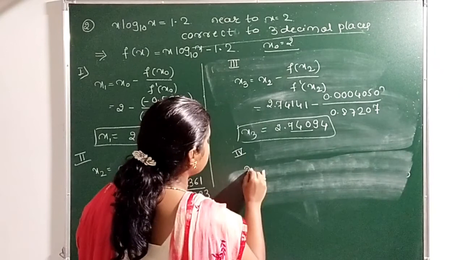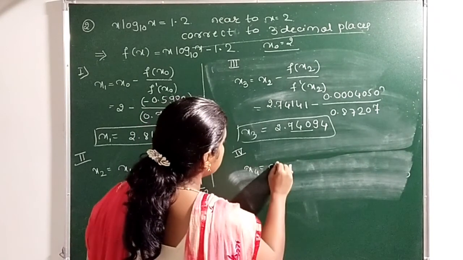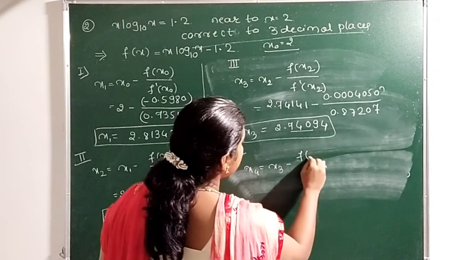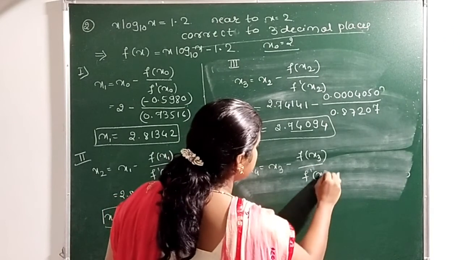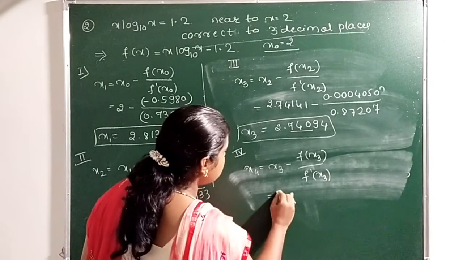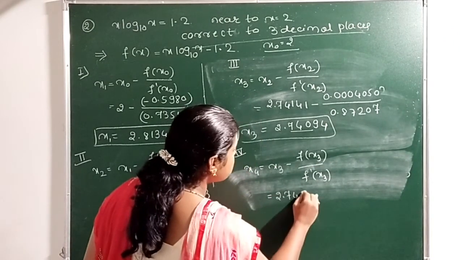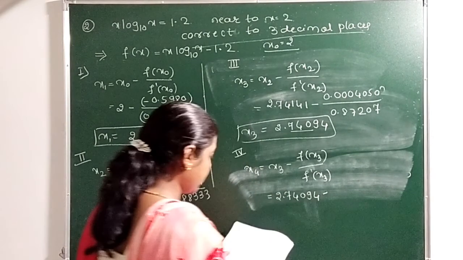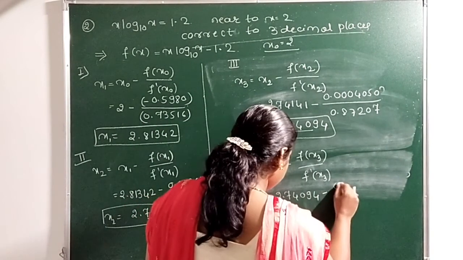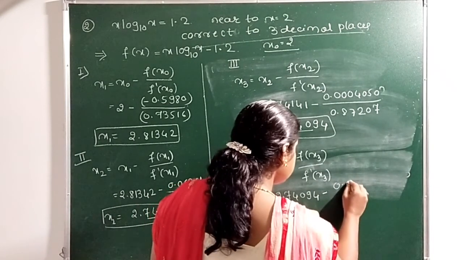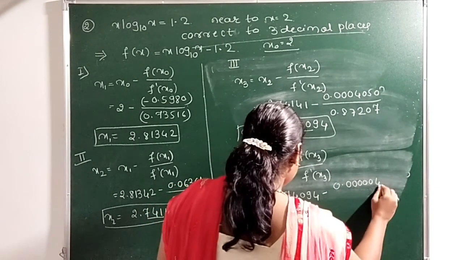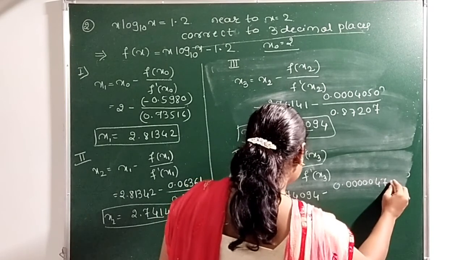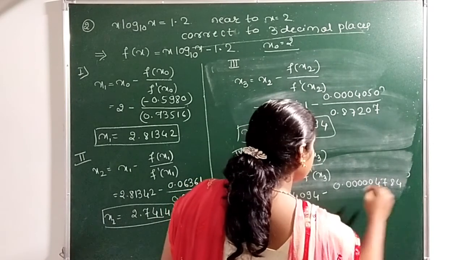Fourth iteration becomes x4 is equal to x3 minus f of x3 divided by f dash of x3. Similarly for this, 2.74094, this value you have to substitute in f of x, that value becomes 0.000504784.